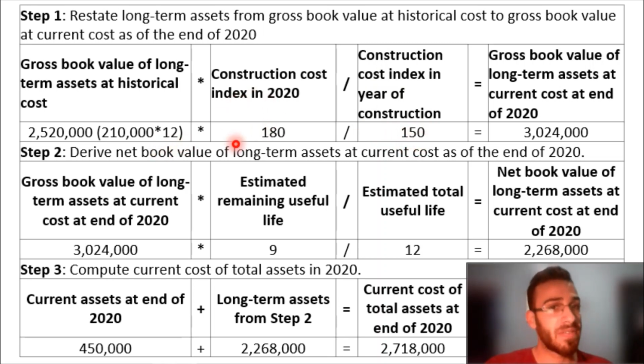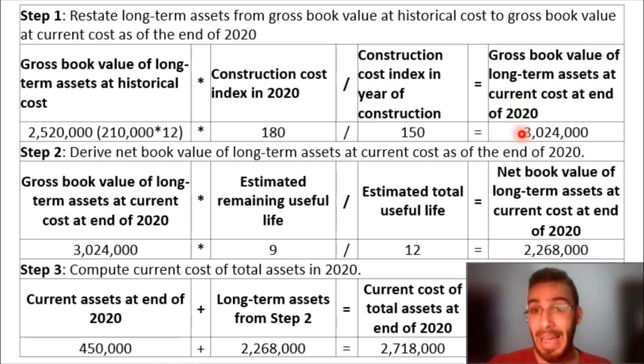Now, by dividing 180 by 150, we can multiply this result by the gross book value of the long-term asset at the historical cost to get the gross book value of the long-term asset at the current cost as of 2020.